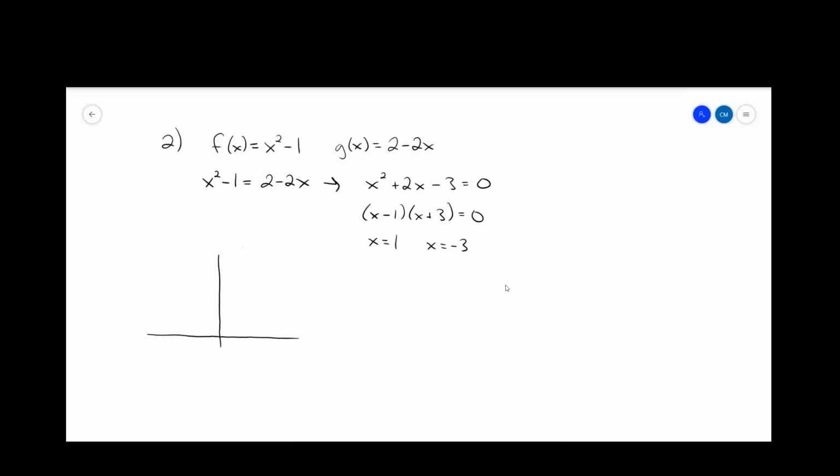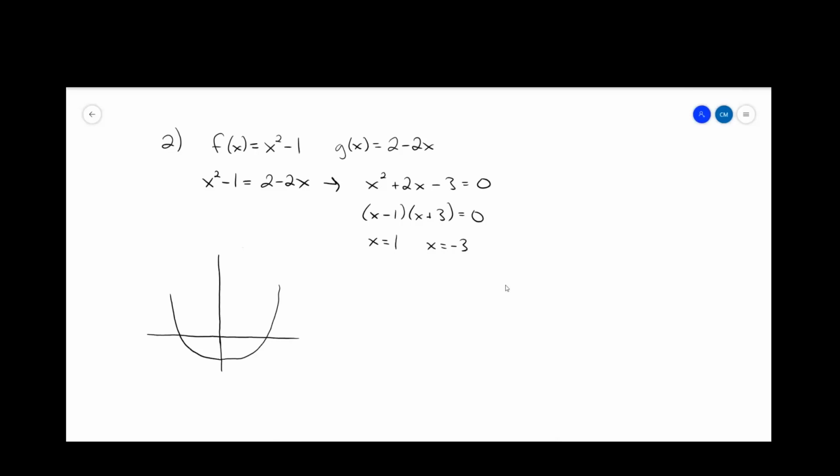All right, so we've got x squared minus 1. We know that that's a parabola shifted down 1 unit, something like this. And 2 minus 2x. Yes, the question is, are we setting them equal to each other to find the bounds? Yes, that's exactly what we're doing. We're setting them equal to each other to find the bounds. Okay, so notice the other graph is 2 minus 2x, right?